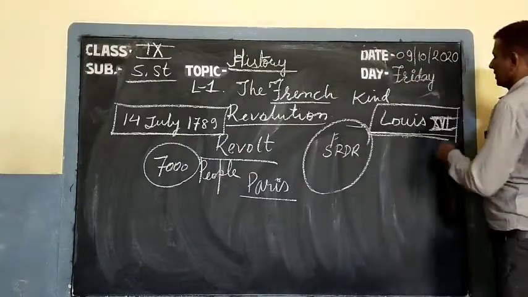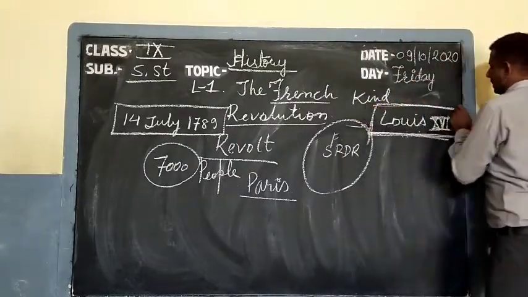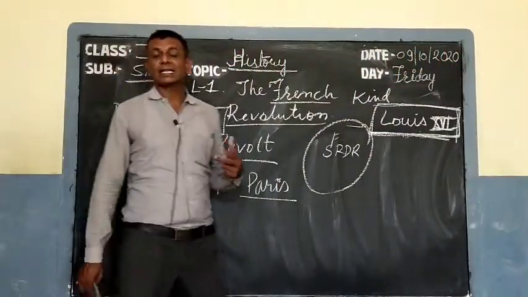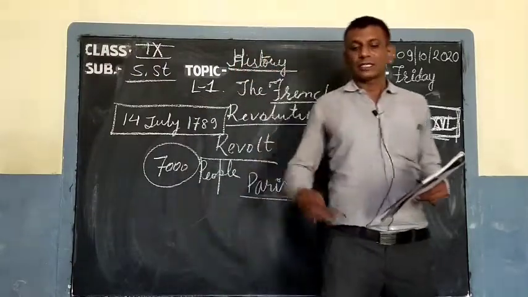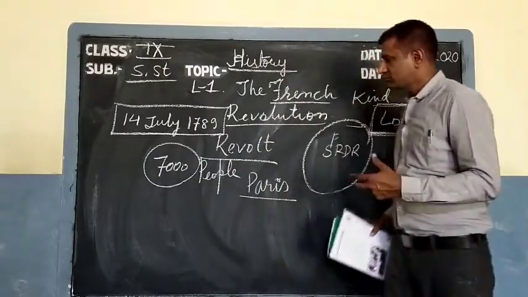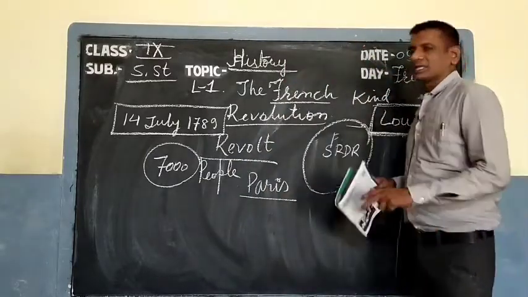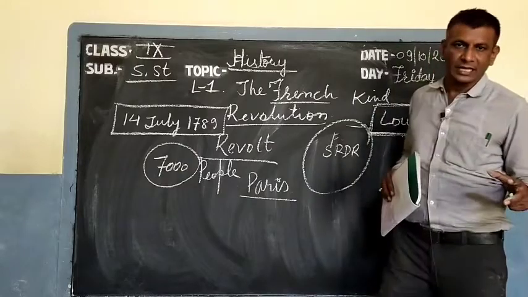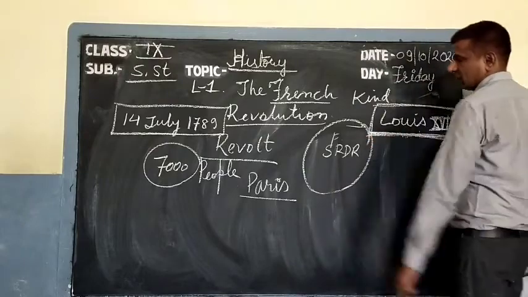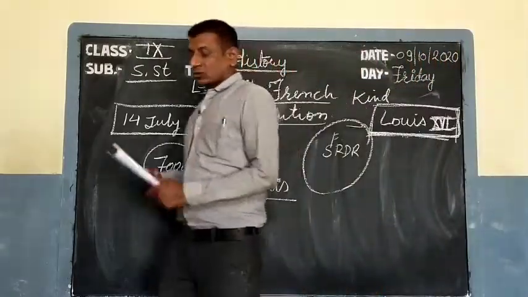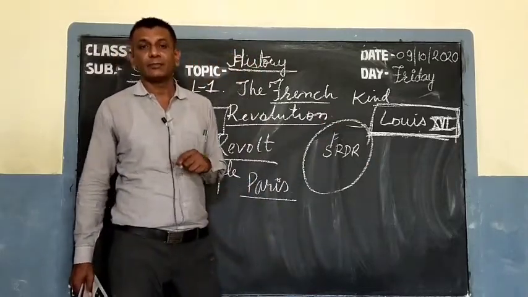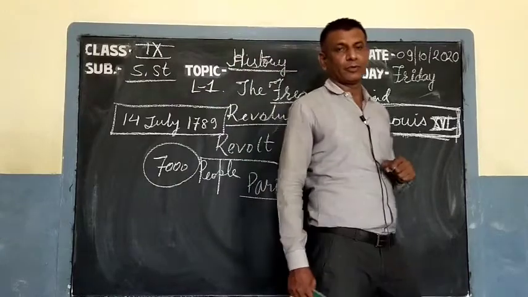He was a ruler, and it was a monarchy system, where the son of a king is made king again. So it was not a democracy or republic type of government. So we better call him the ruler of the French. He was Louis XVI, and people were not satisfied with him because he was imposing tax on people.